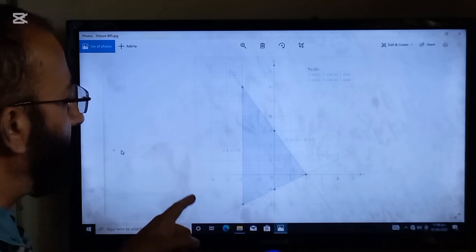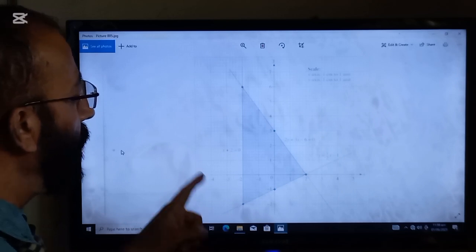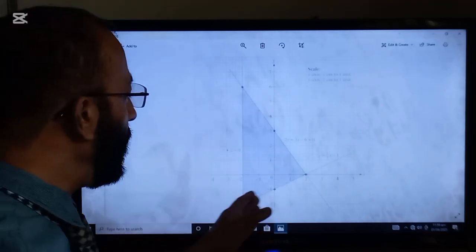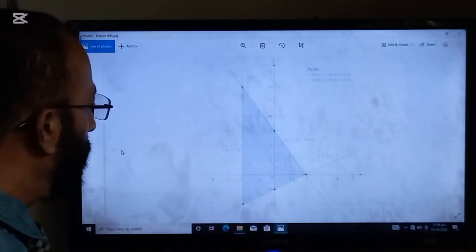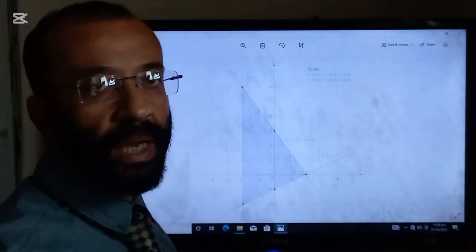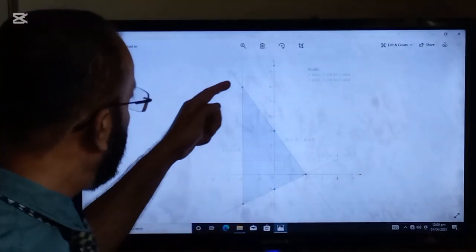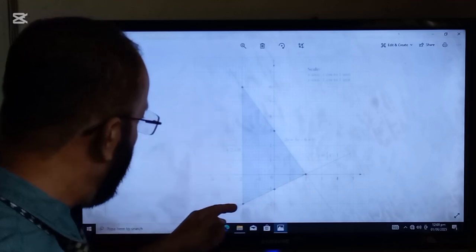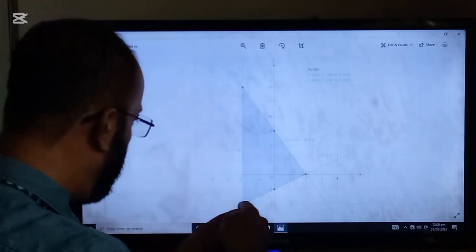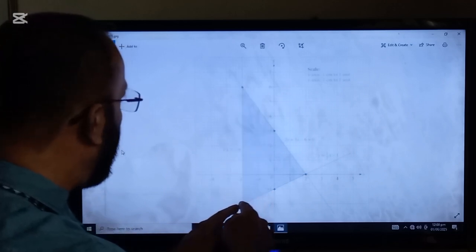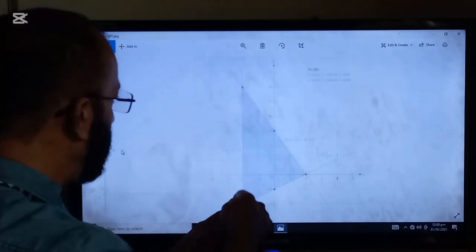And the requirement in the second part of the question was to find the area of the triangle bounded by these three lines. So the area of the triangle formula is 1 by 2 into base into height. So if this line is taken as the base, look now, from here to here, the distance is from -2 to 6. So the distance is 8.